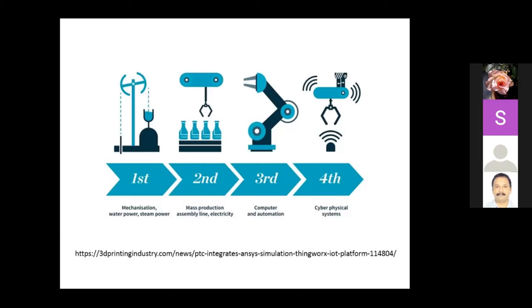Therefore we need to understand this, and the fourth industrial revolution can be taken further by the development of smart systems. That is a very apt topic, as I said. I hope you understood the difference between the first, second, third, and fourth industrial revolution.